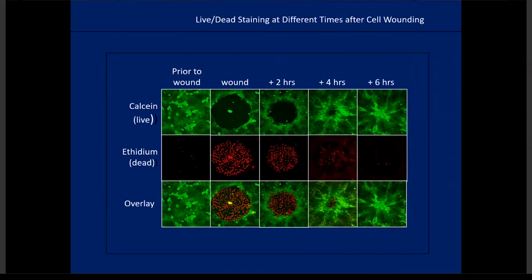After wounding, again, the calcein AM is mostly absent from that small electrode, whereas the ethidium is a strong signal. As the healing goes on, we eventually return to the look of the cells prior to the wounding. So we are killing the cells.